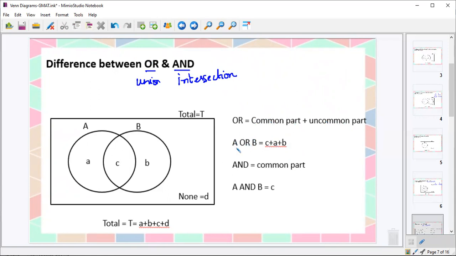So for example, for A or B, for A I have regions A comma C, for B I have regions B comma C. So the common part over here is C. I'll write C first, then I'll write the uncommon part, that is A and B. So the value enclosed for A or B becomes C plus A plus B. And and, which is also known as intersection, represents only the common part between the 2 sets. So A and B represents C over here.